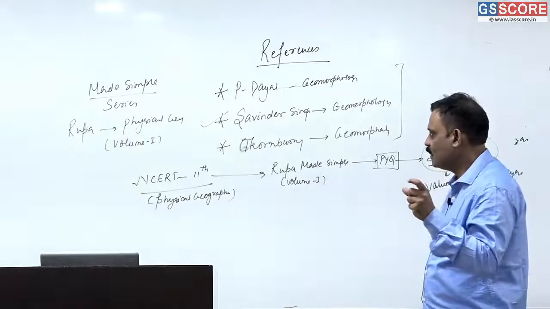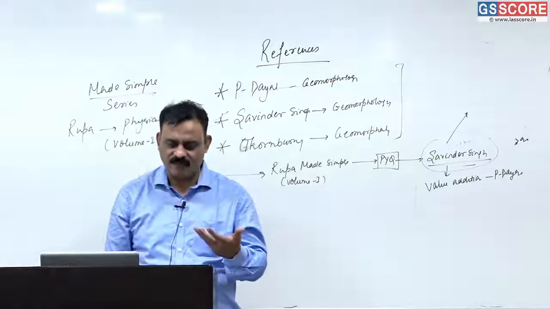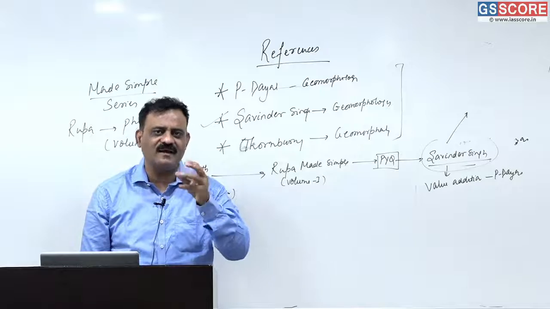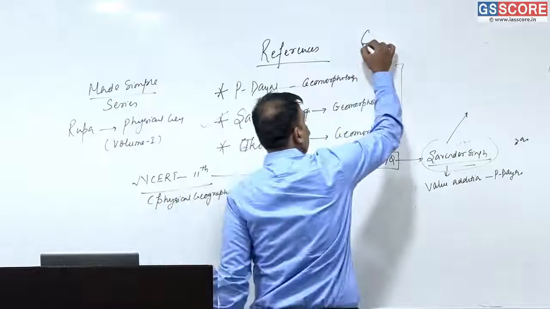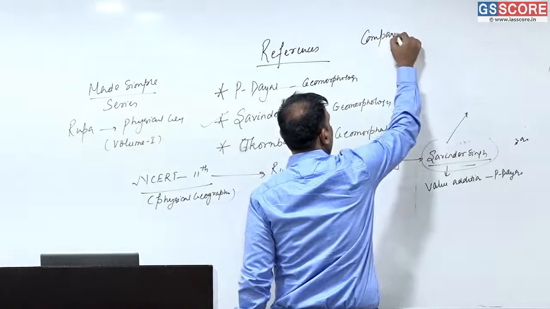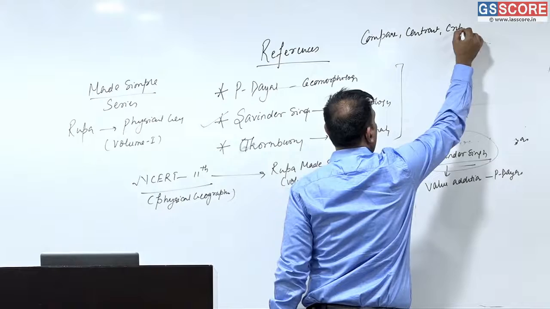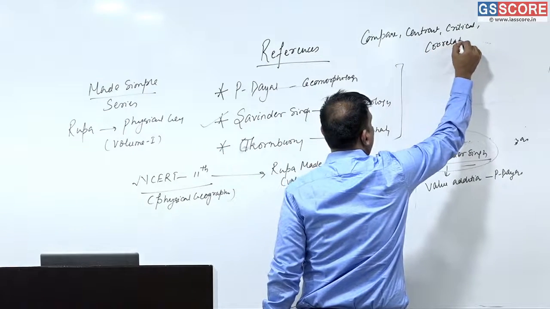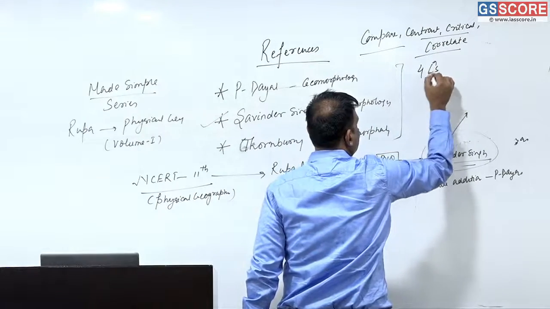And always remember that you may be studying multiple theories, but here you are expected to compare and contrast and be critical. Compare, contrast, critical, correlate. ये 4C को आप ध्यान रखिएगा. These are your 4C's.